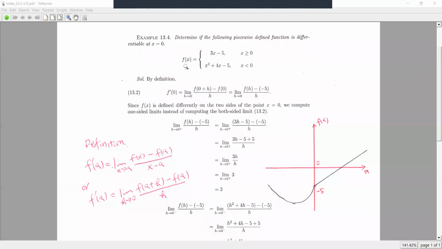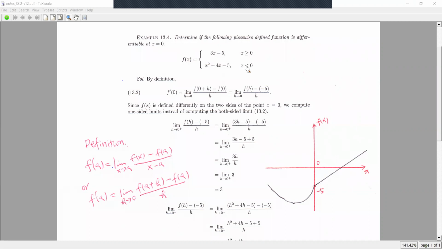I plot the graph of this function here. When x is greater than or equal to 0, the graph is the graph of 3x minus 5. 3x minus 5, its graph is this line.